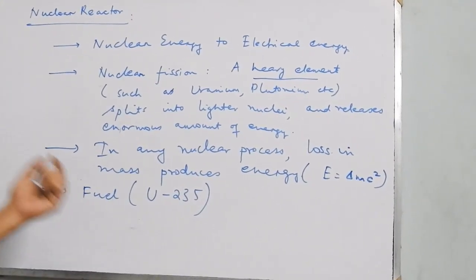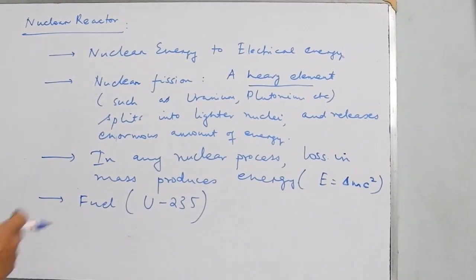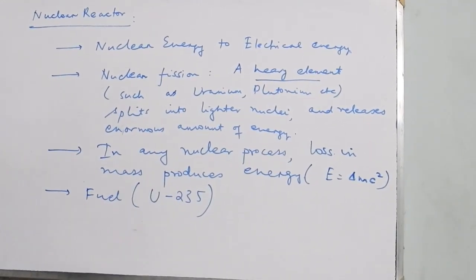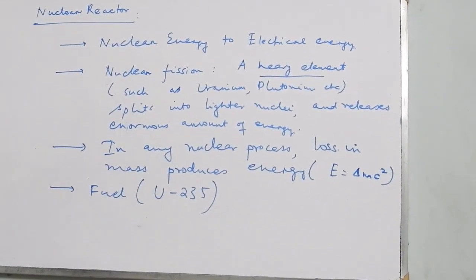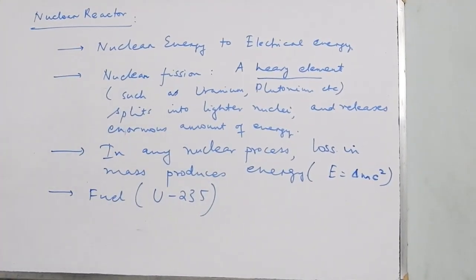Now this nuclear fuel is collided with neutrons. Neutrons will collide with the nuclear fuel such as uranium, and after collision it will produce lighter nuclei. Now there are many stages of the reaction.